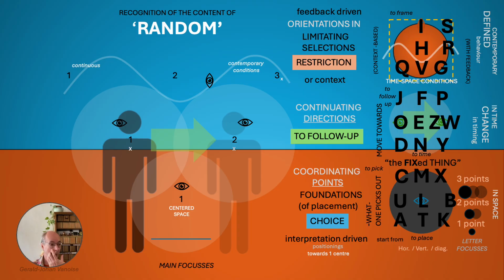And actually, if you understand the positions well, you will also understand the form of these letters well, because they are quite fitting to the content which is expressed there because of its position within its dynamic field of expression in space, in time, or in the contemporary conditions of a time-space orientation.